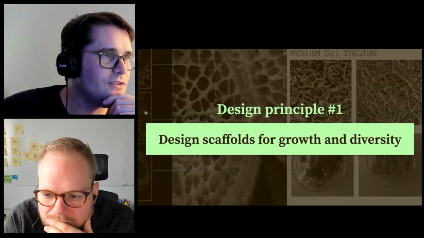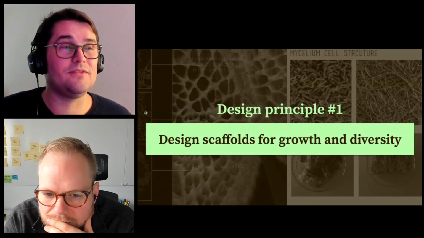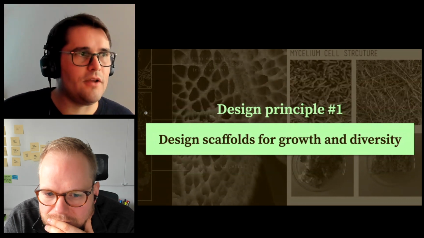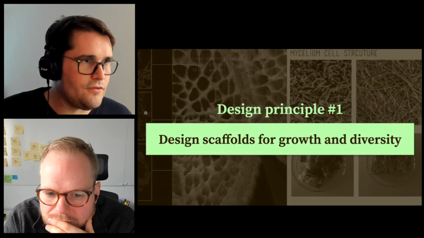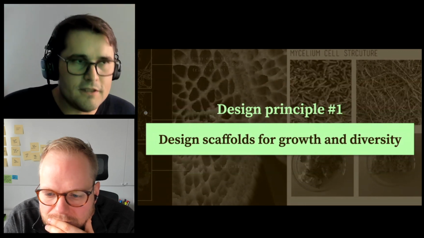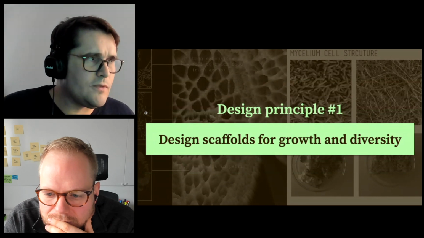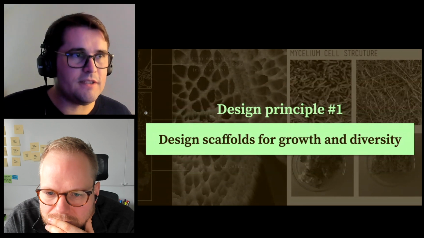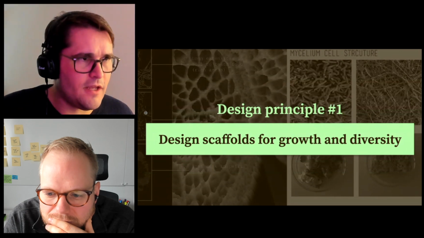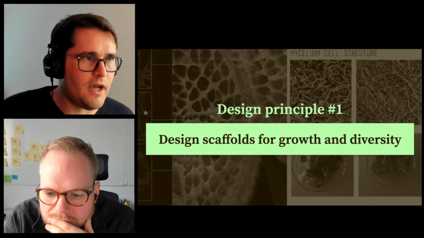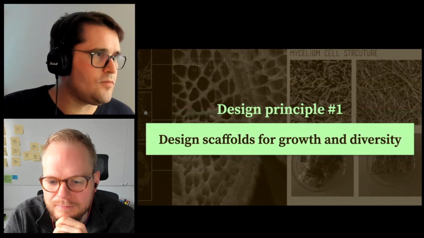How it is connected to Solarpunk is what we discussed today: a lot of things related to diversity and the way you want this diversity for the future, but you also want to put constraints to direct this diversity in a certain way. So this first principle is really about how you can not design an object, but design circumstances to increase the likelihood of certain outcomes, right? So this is the first principle.